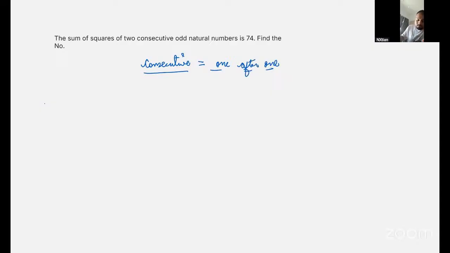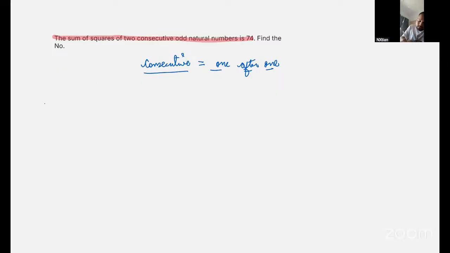Now, basically what is given? We'll read this question. The sum of the squares of two consecutive odd natural numbers is 74. So first of all, we don't know the natural number. So how will we do this?